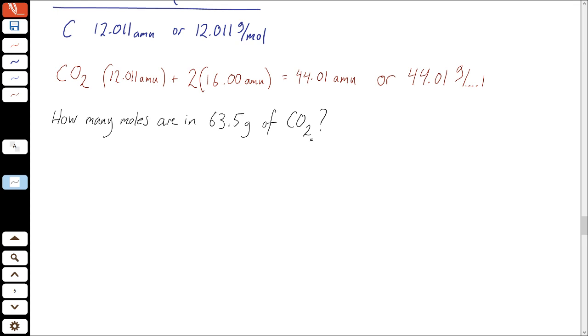We do that just like any other conversion problem. We would say 63.5 grams of CO2, and we're going to convert grams to moles. And the conversion factor that we use for that is that molar mass that we calculated, 44.01 grams per mole.